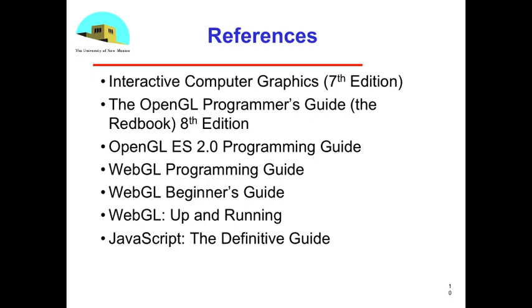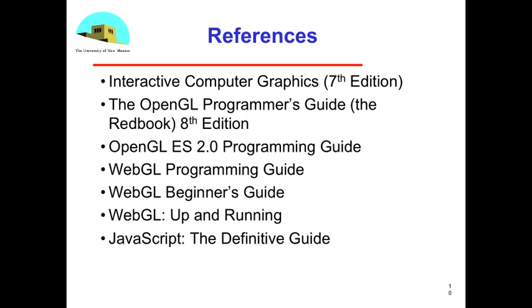It's in its 8th edition. Of all the programming guides, it's one of the best I've ever seen, but it's really not particularly aimed towards WebGL. But if you ever have a question about an OpenGL function, that's the place to go.